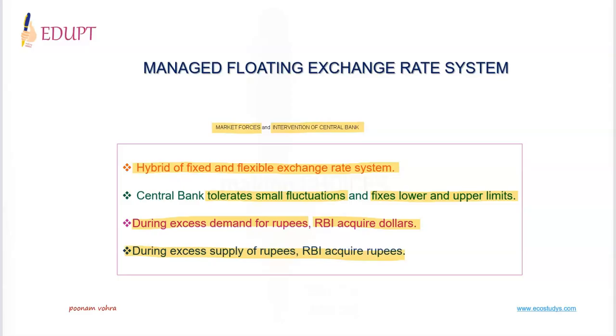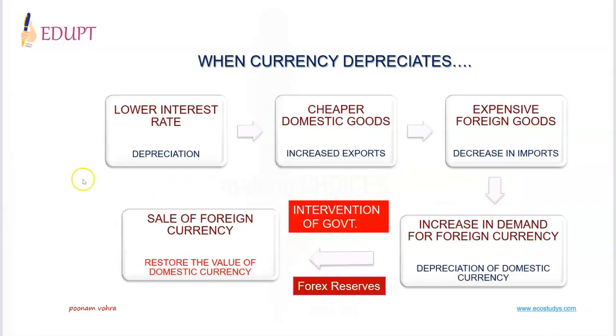Similarly, in case of excess supply of rupee, any depreciation above a particular level will induce RBI to increase the demand for rupee by exchanging dollars for rupee and running down its holding of dollars. Or RBI then acquires rupees.